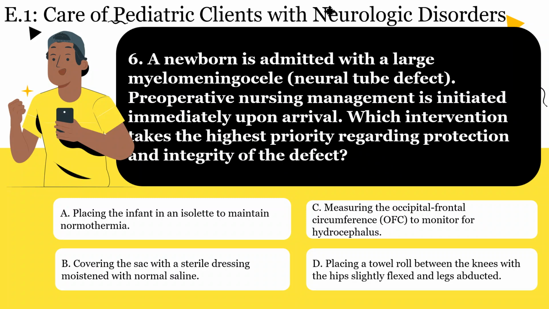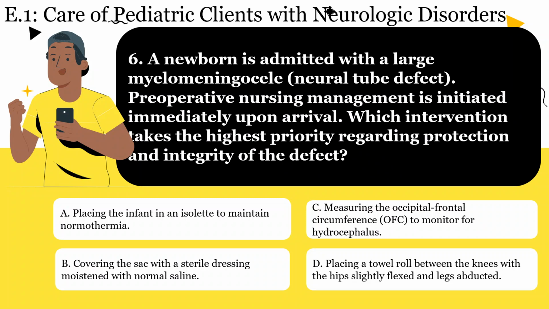Of course, the other options, such as the isolette, the measurement of the occipital frontal circumference, and the positioning, are not very immediate in terms of preventing neurological defect, and they are not the priority.